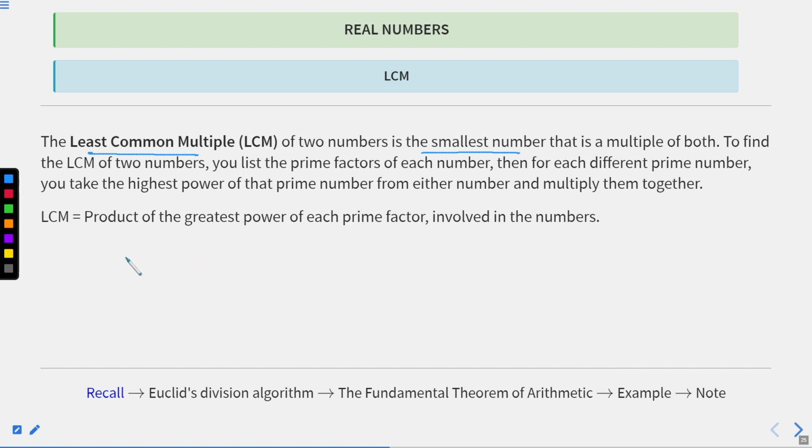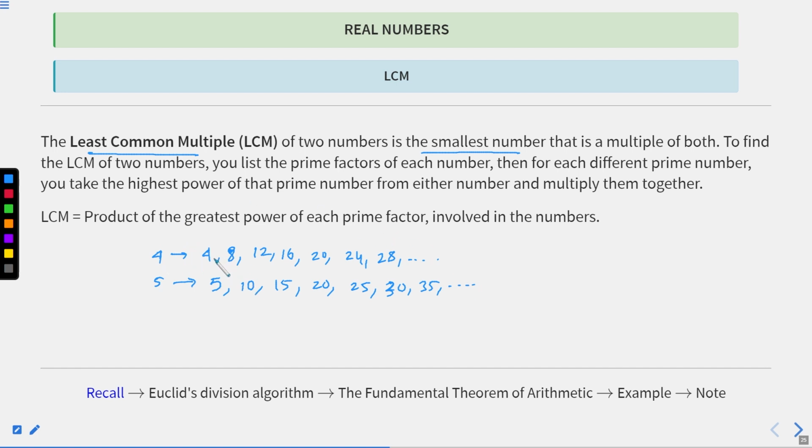Suppose you have two numbers, 4 and 5. The multiples of 4 are 4, 8, 12, 16, 20, 24, 28 and so on. The multiples of 5 are 5, 10, 15, 20, 25, 30, 35 and so on.